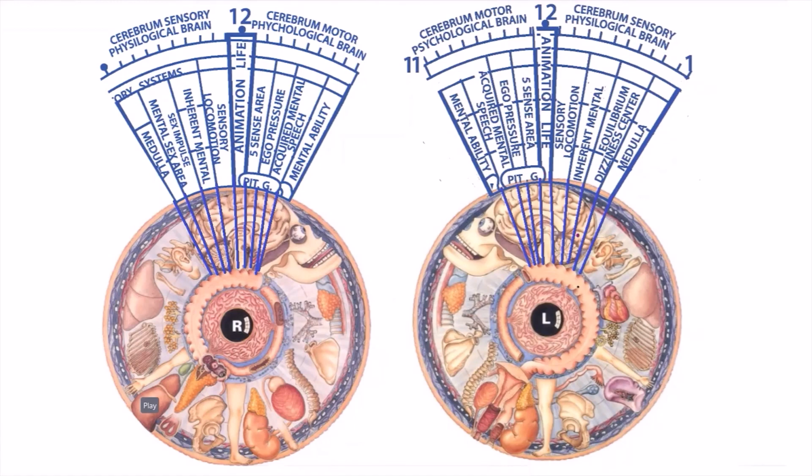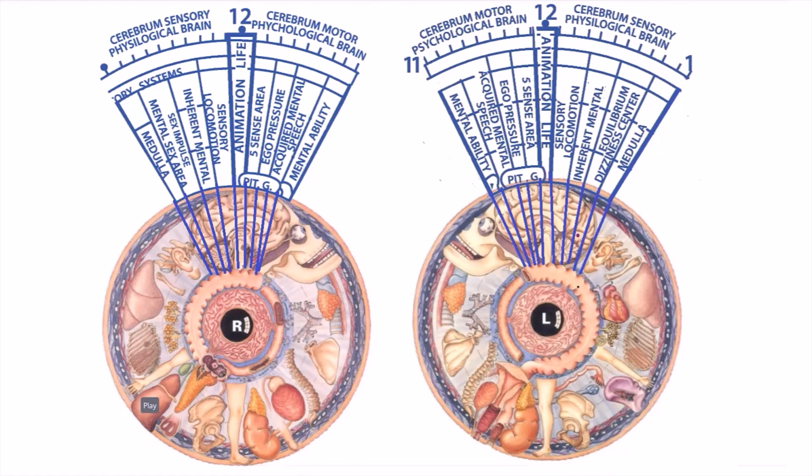All right, so the last brain zone we are going to highlight today is the mental ability brain zone, and you can see its proximity in location and similarity in name to the acquired mental speech zone, and perhaps have some sympathy for my journey in fully understanding these brain zones, as a lot of them sound similar and are similar, as they do share real estate, if you will, of the brain area.